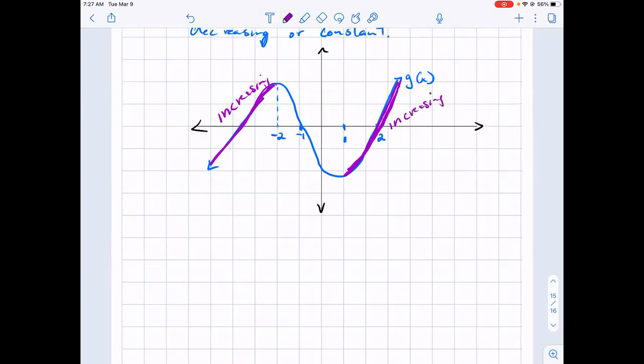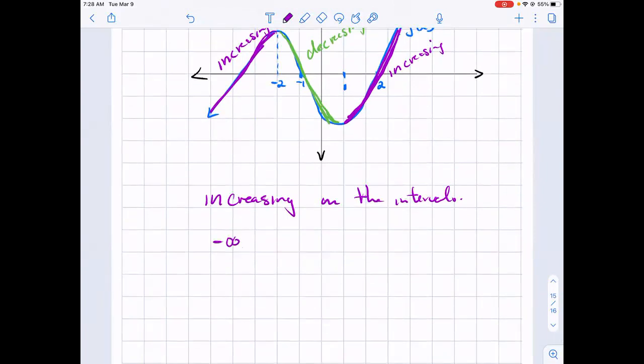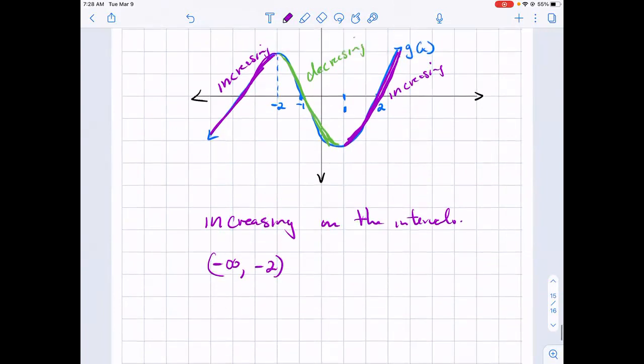And this portion of the graph here is decreasing. So we can say that this function is increasing on two intervals: from -infinity up to -2, and then from 2 to infinity.